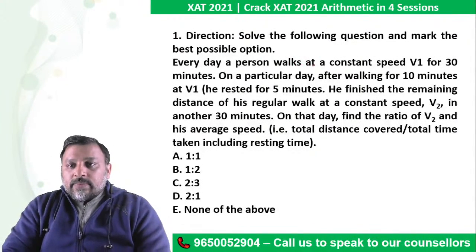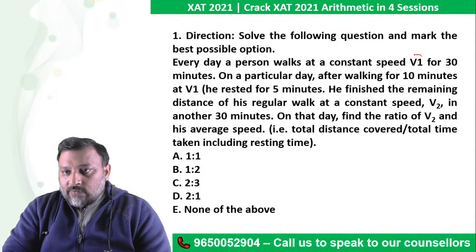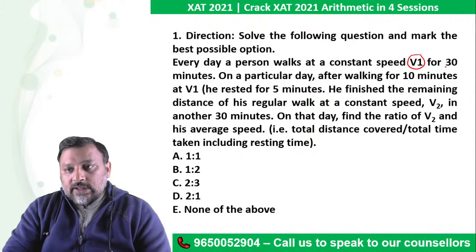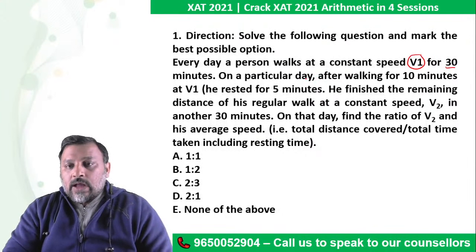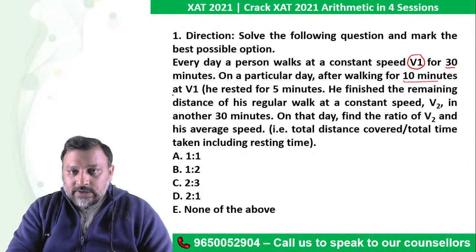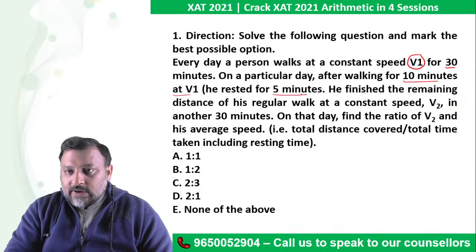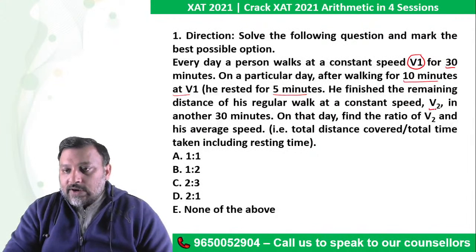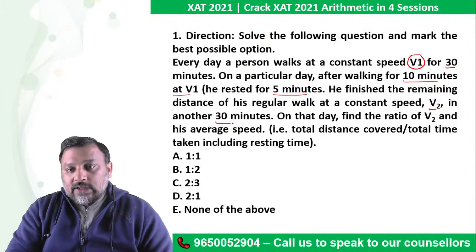See, it is given a person walks at a constant speed of V1 for 30 minutes. On one particular day, he walked only for 10 minutes at this speed, then rested for 5 minutes. He finished the remaining distance at a speed of V2 in another 30 minutes.